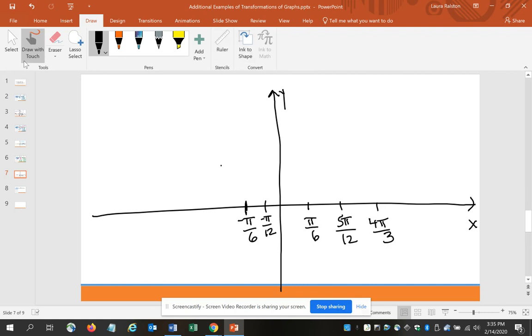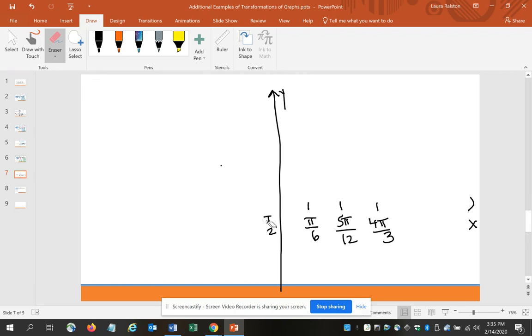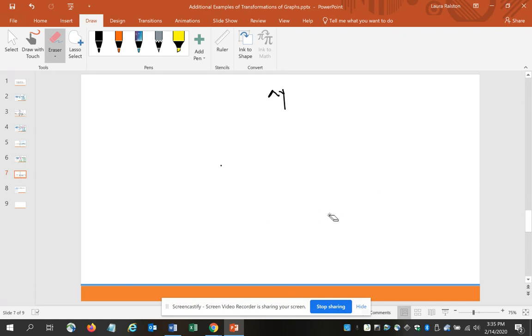And then let me correct my error. Okay, my starting point here should be, whoops, let me just start all over because I got it all messed up. Okay, start over. Sometimes you have to do that, guys. So we're going to draw the vertical axis.